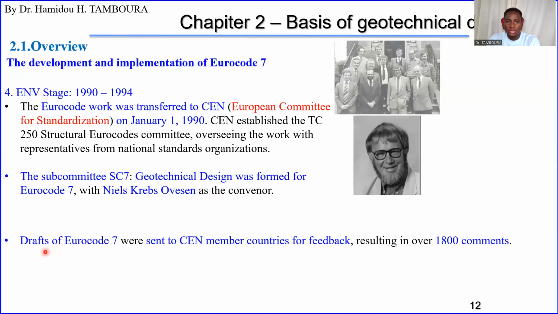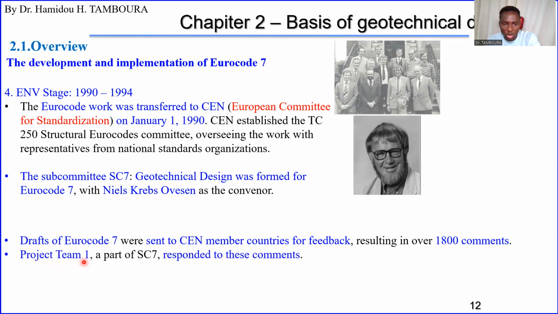So this draft of Eurocode 7 was then sent to CEN member countries for feedback, resulting in over 1,800 comments. So the draft made by these people was sent to each country for comment. They received over 1,800 comments.